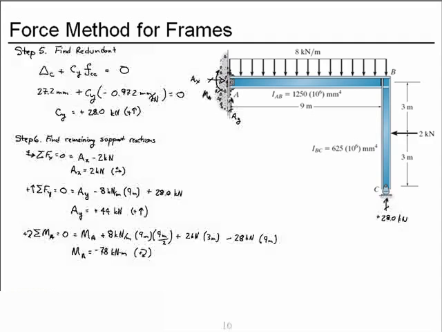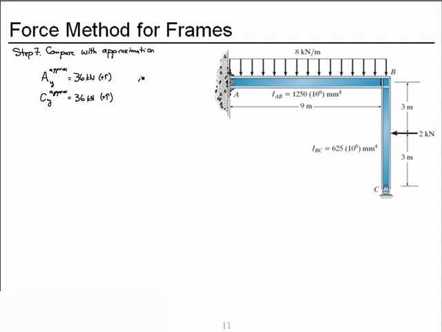And we found AY to be 44 kilonewtons up and CY to be 28 kilonewtons up. So as we compare these, they seem reasonably close.